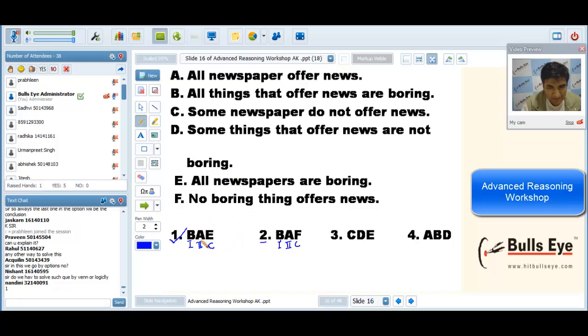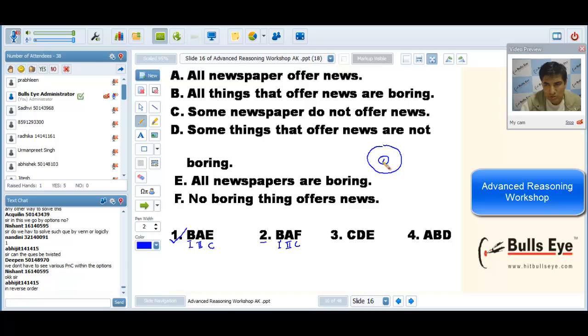Okay, I'll explain it. B: all things that offer news are boring. So practically, I can say that all news are boring. Now, A says all newspapers offer news.